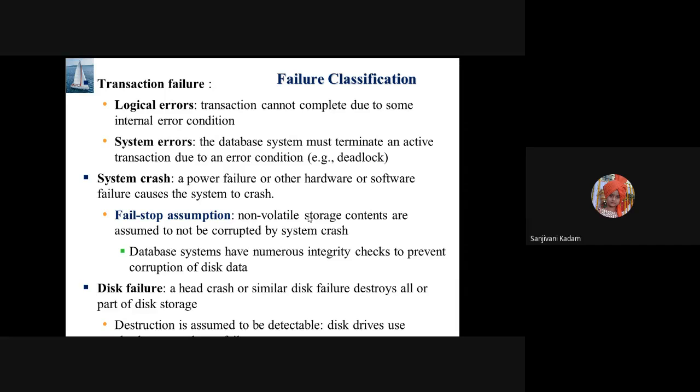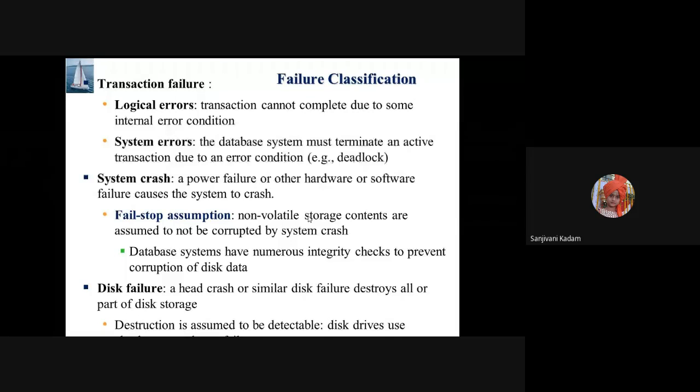There are options like repair of the drive, etc. By using that I can access that data repeatedly. So the fail stop assumption says that whatever secondary storage data is there can be available even after there is a system crash.